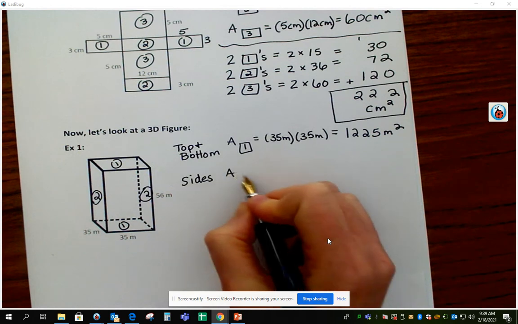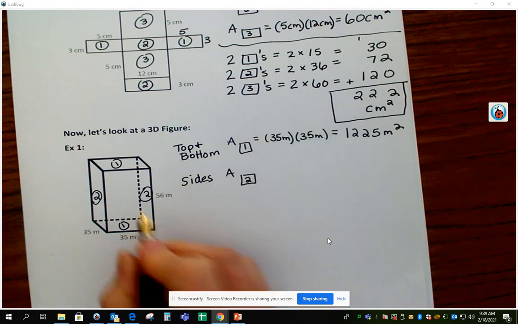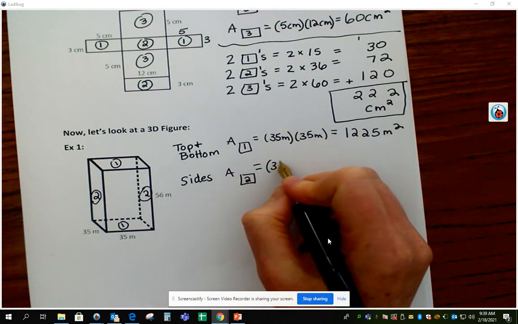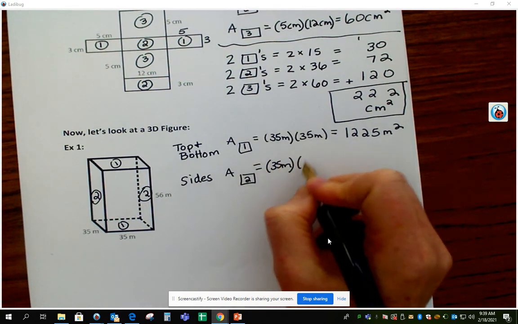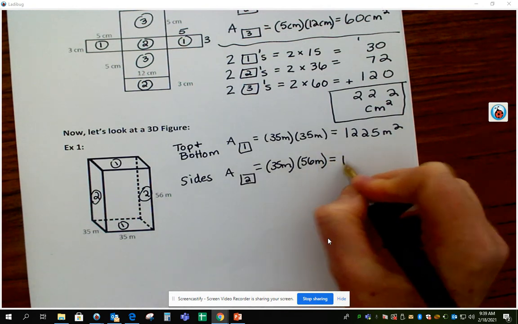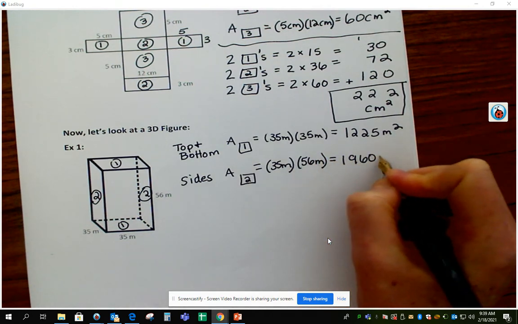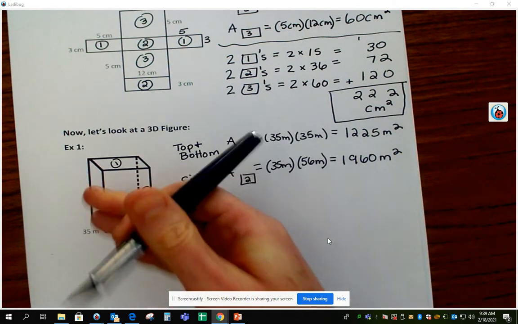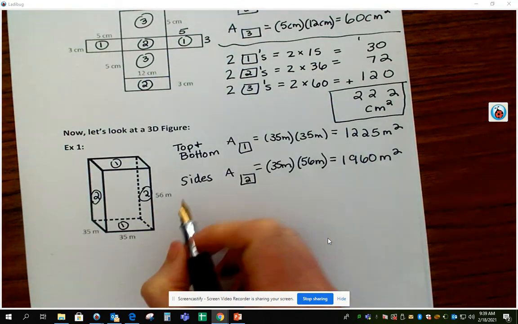And this is the area of type 2. It's 35 meters by 56 meters. When I multiply those together, I get 1,960 meters squared.